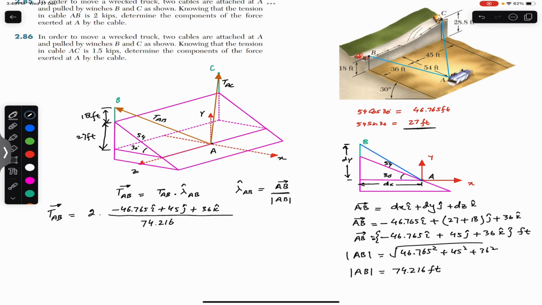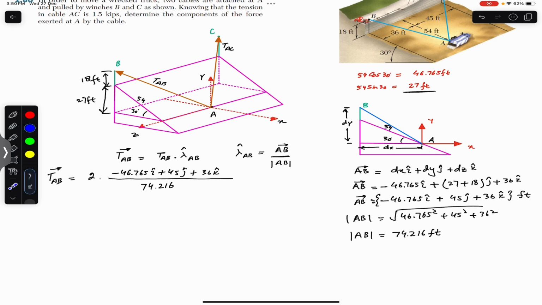So we need to divide each of these components by this magnitude: this divided by this, then 45 divided by this, and 36 divided by this, and multiply all these by 2. That will give us the x, y, and z components of the tension from A to B.